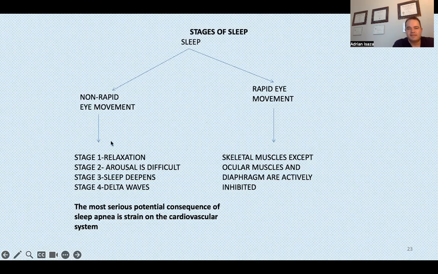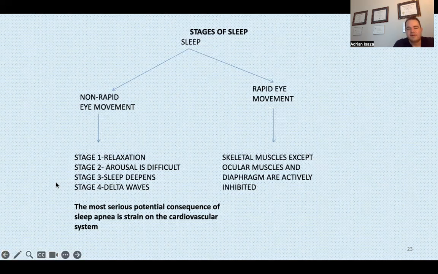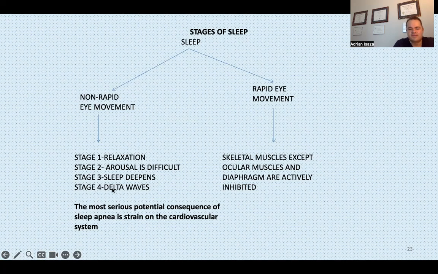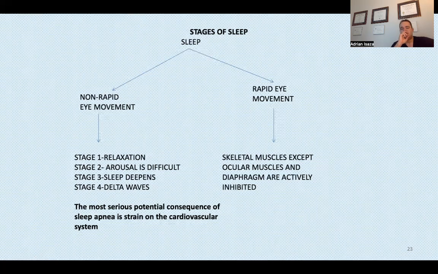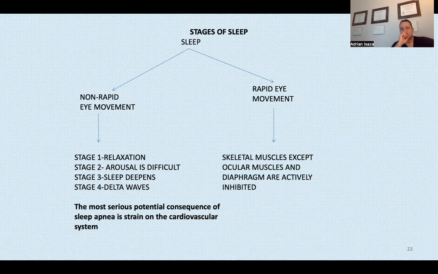Sleep, different cycles. The most serious potential consequence of sleep apnea is strain on the cardiovascular system. So stage 1, stage 2, stage 3, stage 4. Stage 1 has, I think, theta waves.